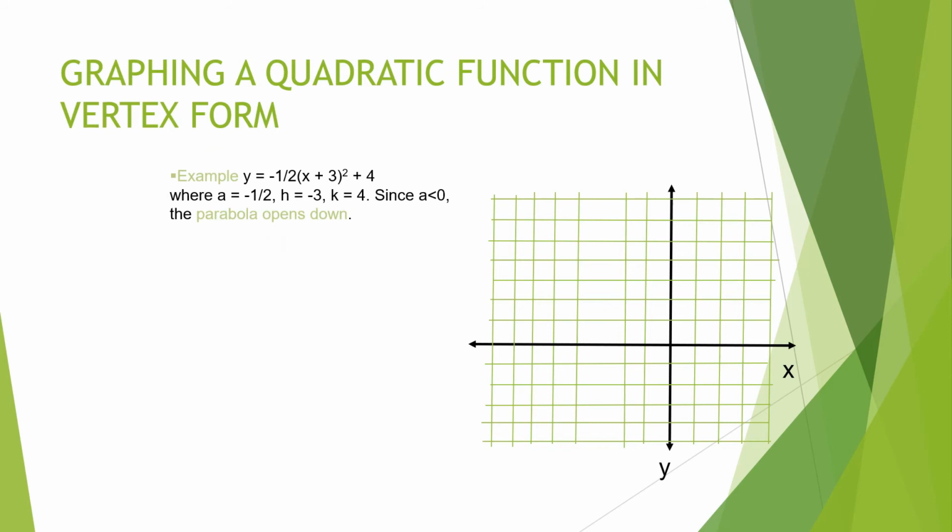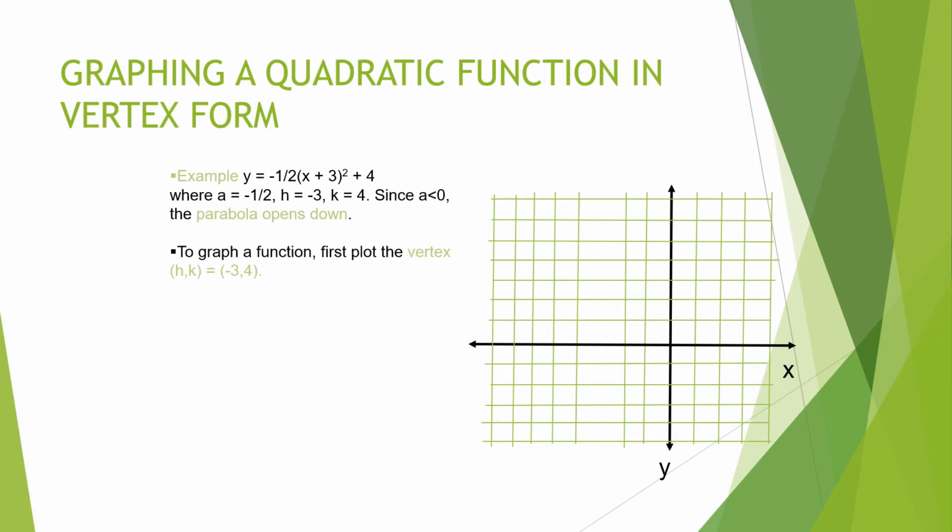So this time, we're going to draw the graph of a quadratic function in vertex form. Example, y equals negative 1 half times the quantity x plus 3 raised to the second power plus 4, where a equals negative 1 half, h equals negative 3, and the value of k equals 4. Since the value of a is less than 0, the parabola opens downward.